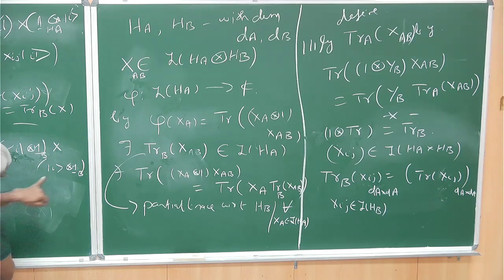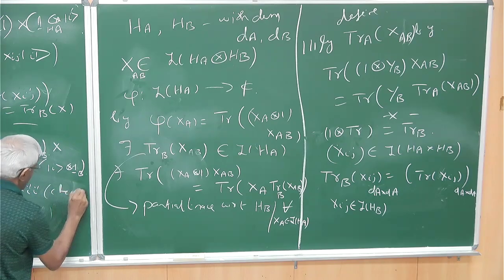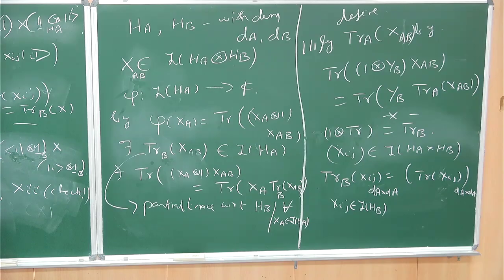If you again multiply with something like that, you will just get Xi I prime. This is what you will get as a matrix. Now summation over I prime. Anyway, check. I've done it once in my life, but I'm sure it's correct. So this is the trace B of this.